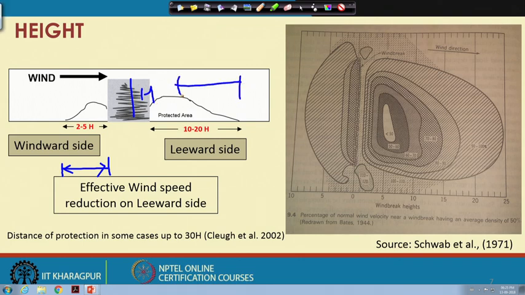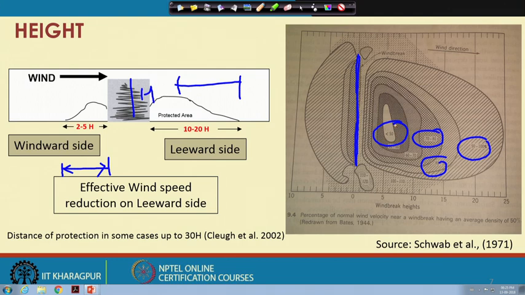Similarly, in this figure, which is taken from Schaub et al. 1971, suppose this is the windbreak, and these numbers represent the percentage of normal wind. So, when I say 50 here, what does 50 mean? Wind speeds here are 50% of the normal condition wind speed.